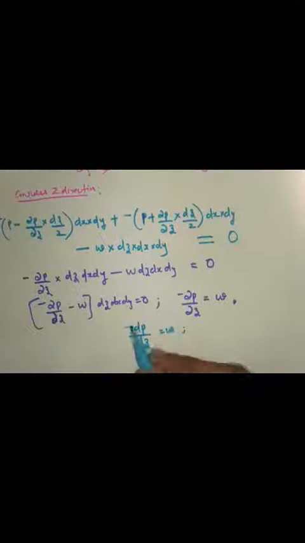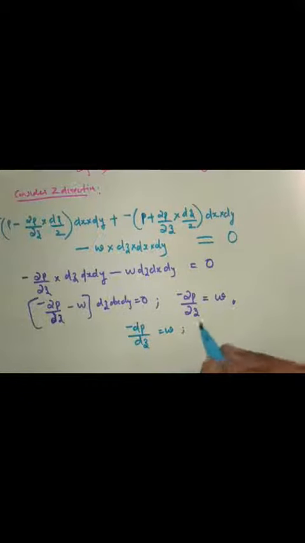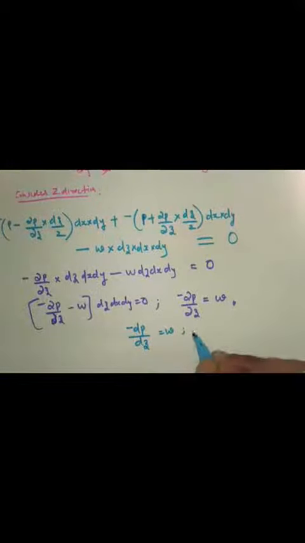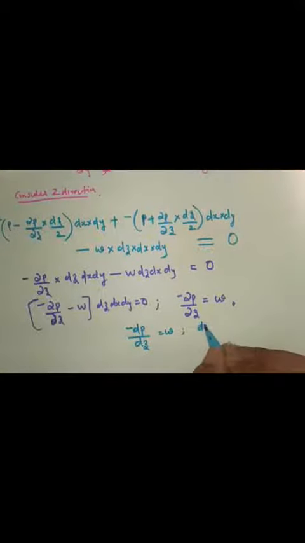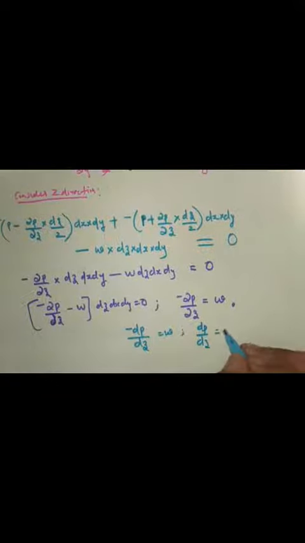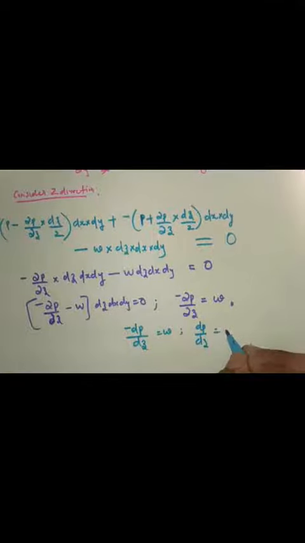So the variation of the pressure is in the z direction, and the rate of that variation is equal to the specific weight, that is dp by dz is equal to minus w.